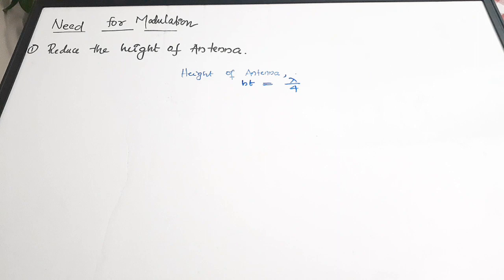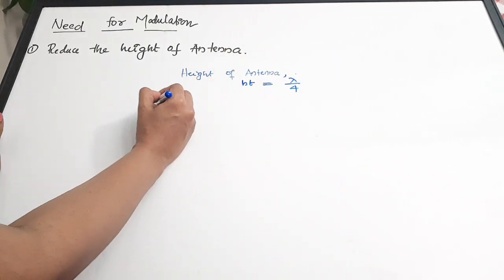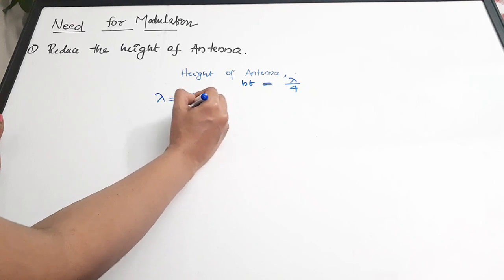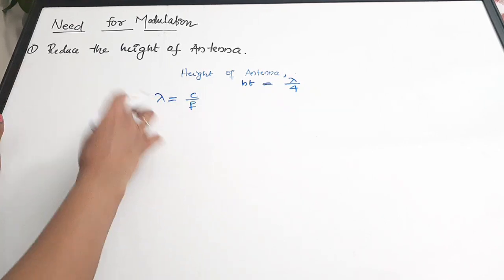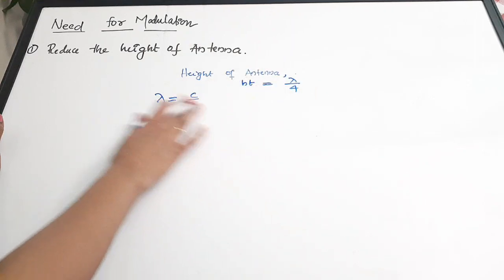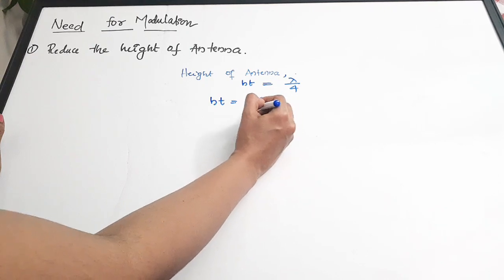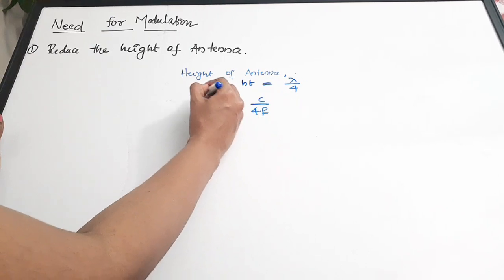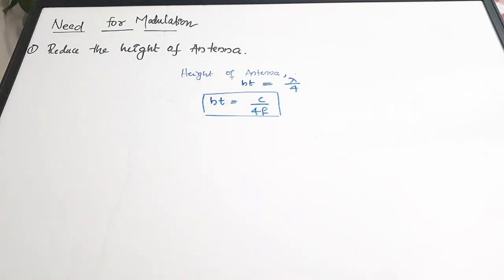How can we write lambda in terms of frequency? Lambda is equal to C by F. Wavelength is equal to C by F. If you substitute, you will get ht is equal to C by 4F. This is the relation between the height of the antenna and the frequency that we are using.